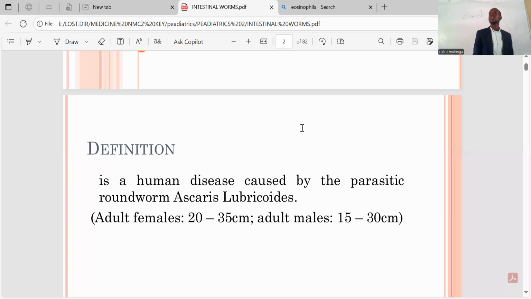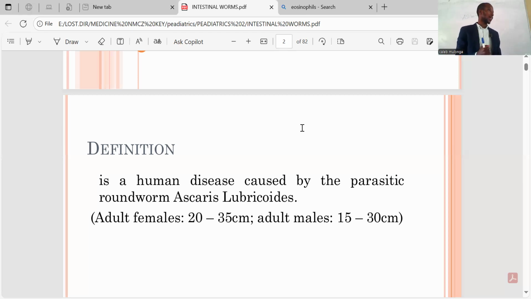Firstly, we'll start by defining, because in the previous lesson we spoke about hookworms and roundworms briefly. So today we are looking at Ascariasis. This one is caused by a roundworm. Okay, so let's define our condition for the day.